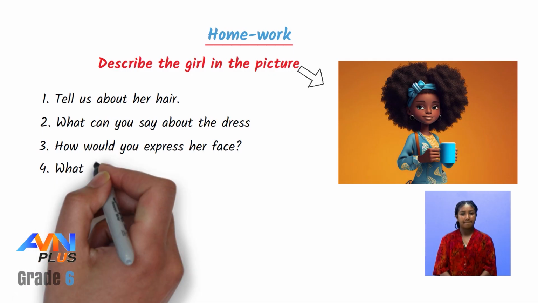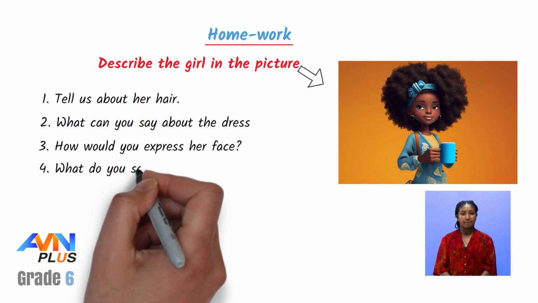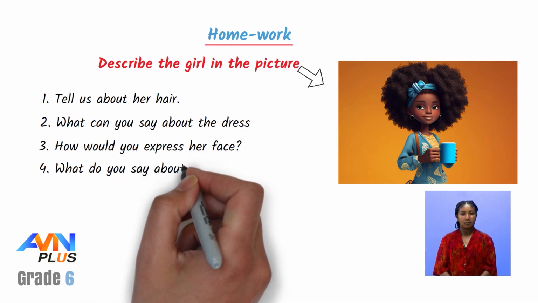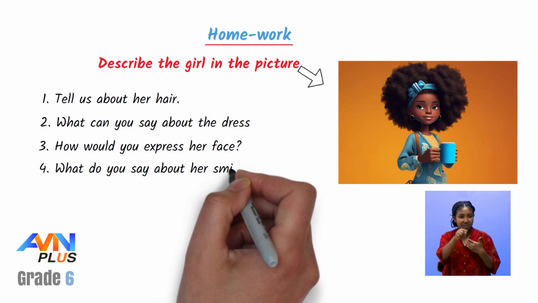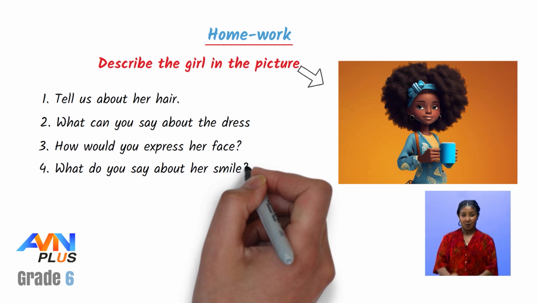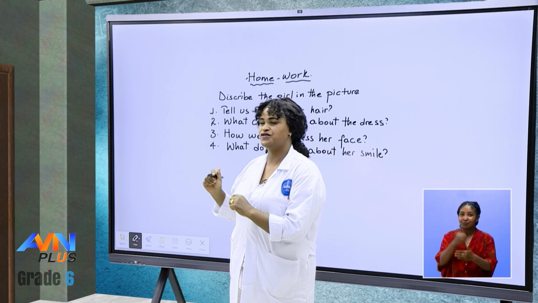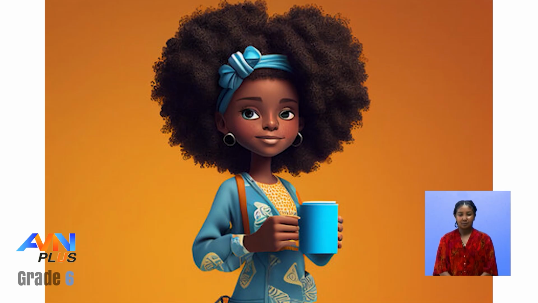What do you say about her smile? All right. These are four questions that I want you to describe about the girl which you will see after me. All right? You will look at the picture and describe the girl.